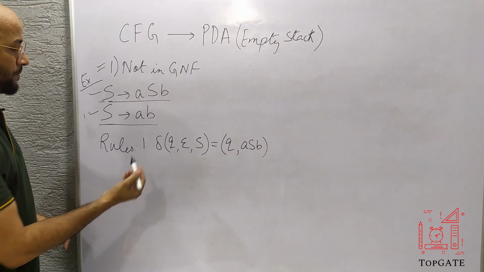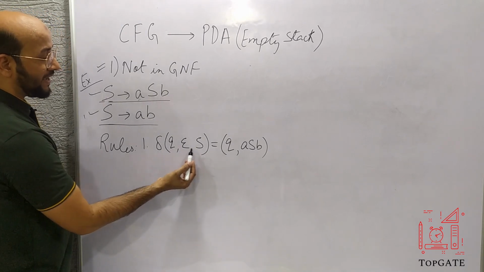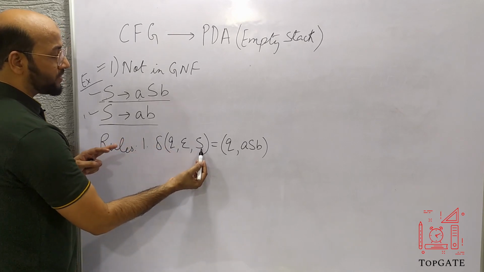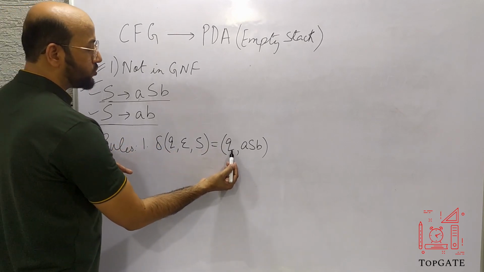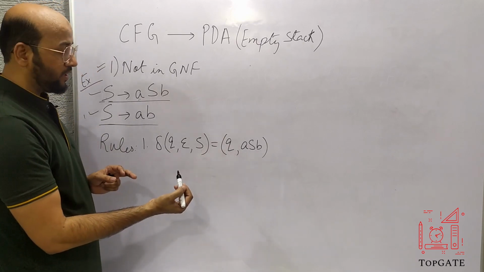So what does that mean? We are at state q, the top stack element is S and the element to process is epsilon. So we are processing epsilon, the top stack element is S, we are reaching state q and we are pushing ASB into the stack. So this is rule number 1.